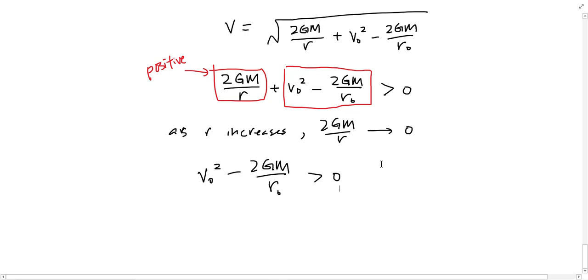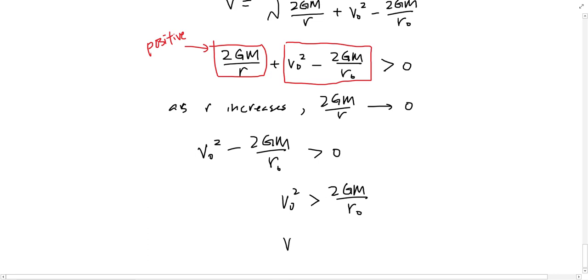And now that allows me to figure out what v sub 0 is. v sub 0 squared must be greater than 2gM over r sub 0. And therefore v sub 0 must be greater than the square root of 2gM over r sub 0.